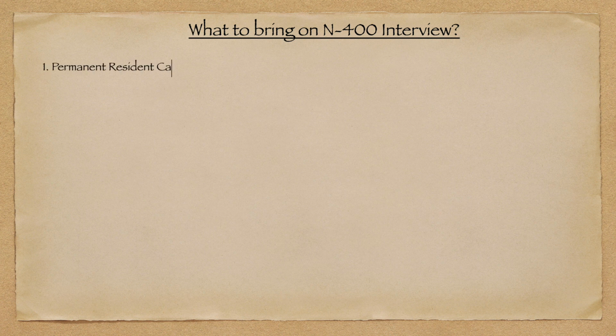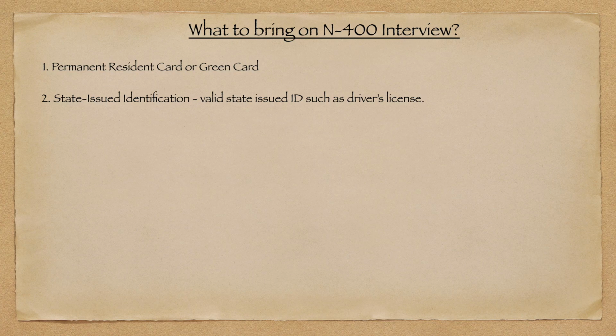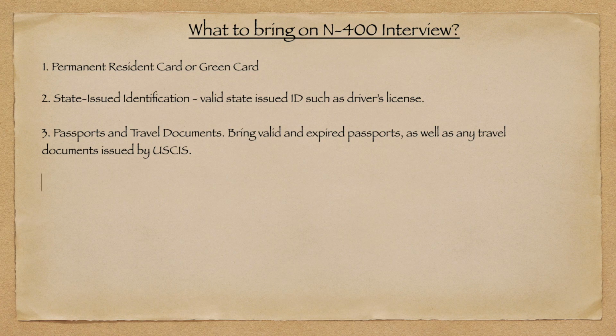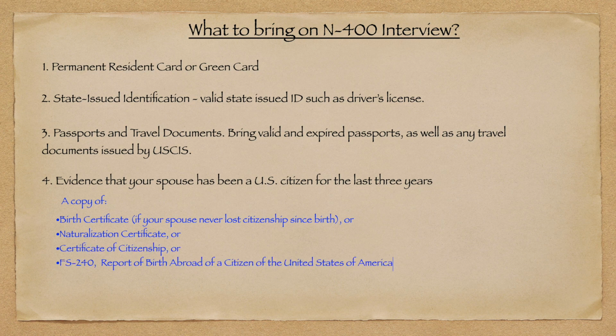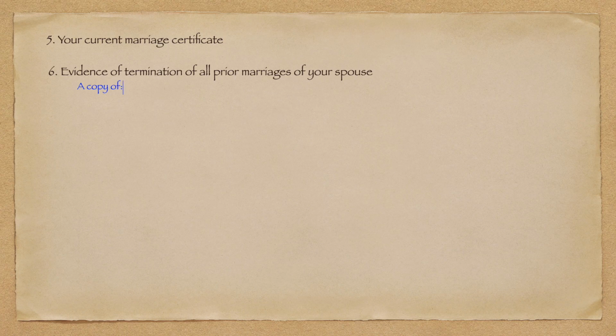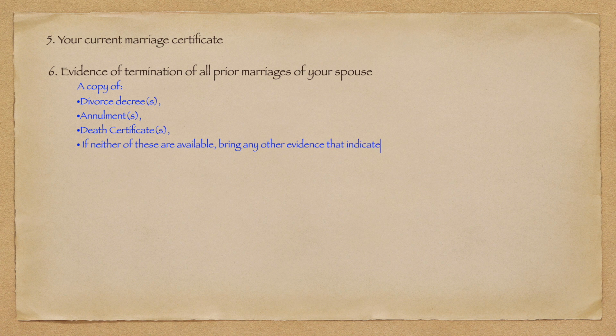Your permanent resident card or green card, your state issued identification such as a driver's license, your passport and travel documents, your evidence that your spouse has been a US citizen for the last 3 years, your current marriage certificate, evidence of termination of all prior marriages of your spouse, and name change.